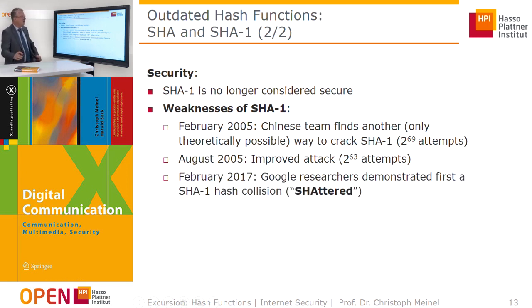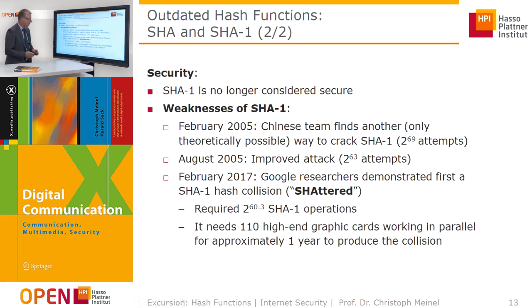Then in February 2017, last year, Google researchers demonstrated the first SHA-1 hash collision. They showed that it is possible to produce two documents with the same hash value.